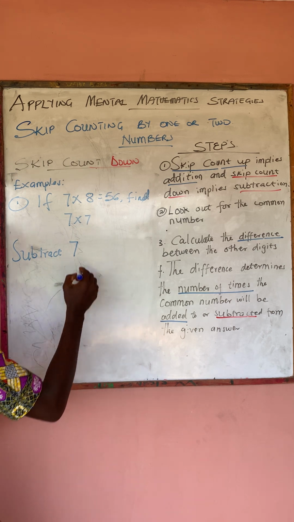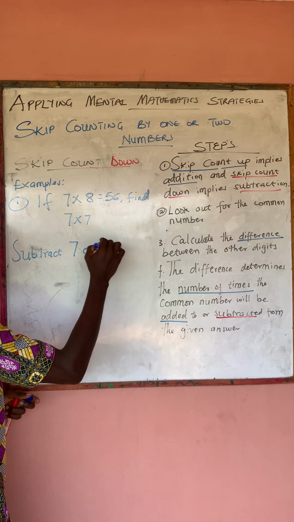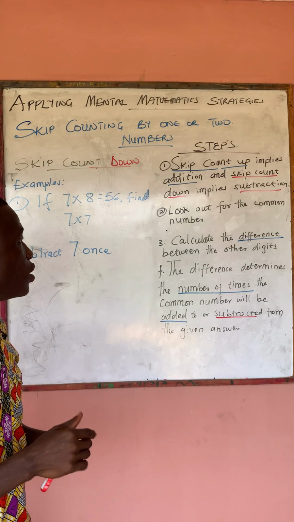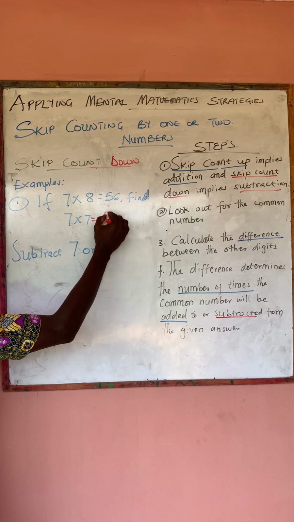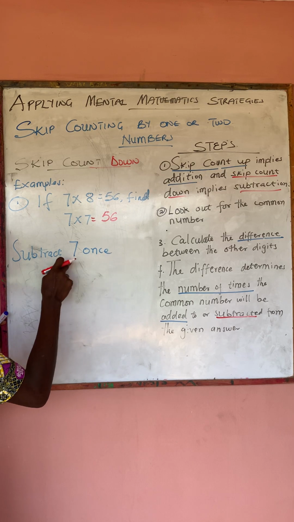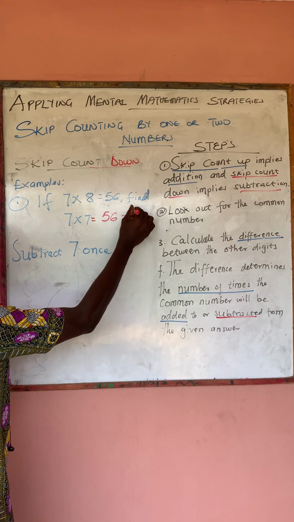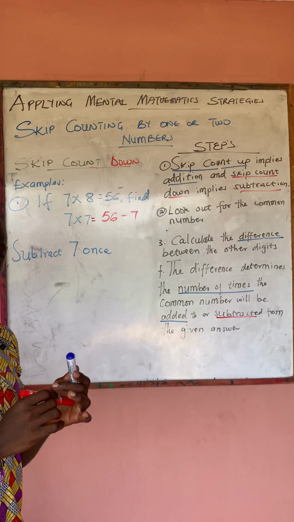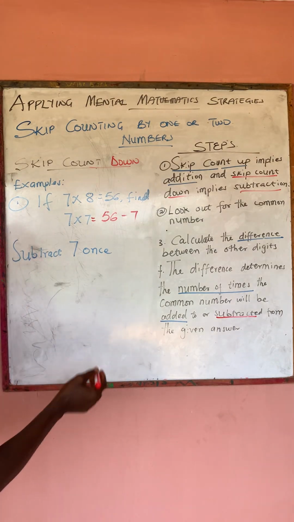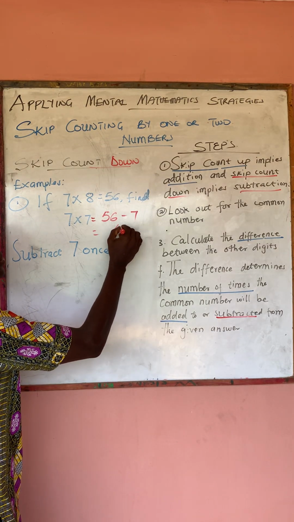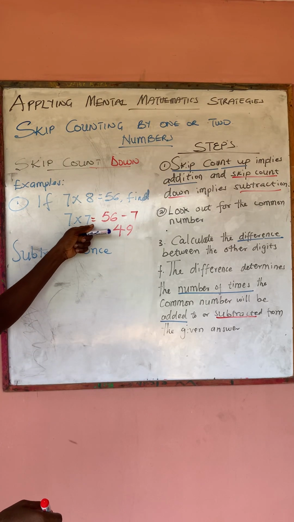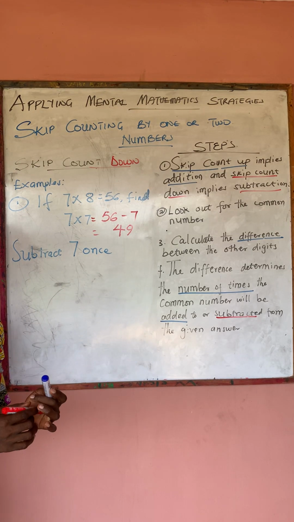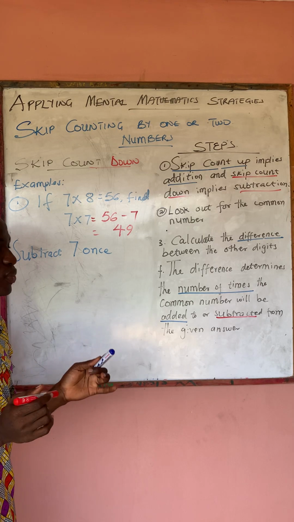So we subtract 7 once. Alright, so the answer to 7 times 7 is going to be equal to 56. It says subtract 7 once, so minus 7. And 56 minus 7 is equal to 49. Therefore, 7 times 7 equals 49.